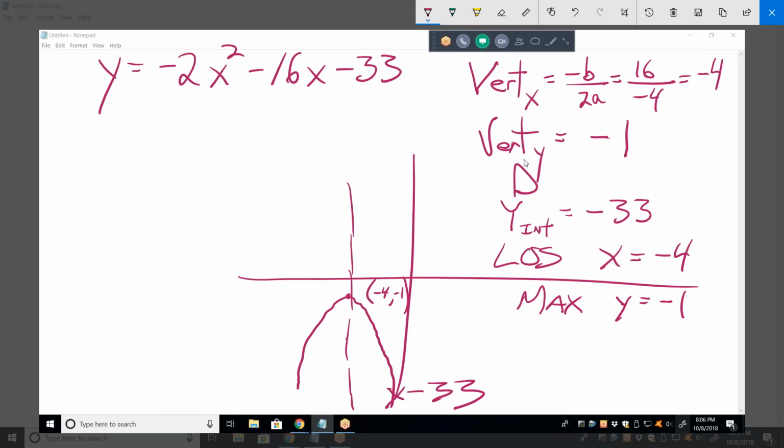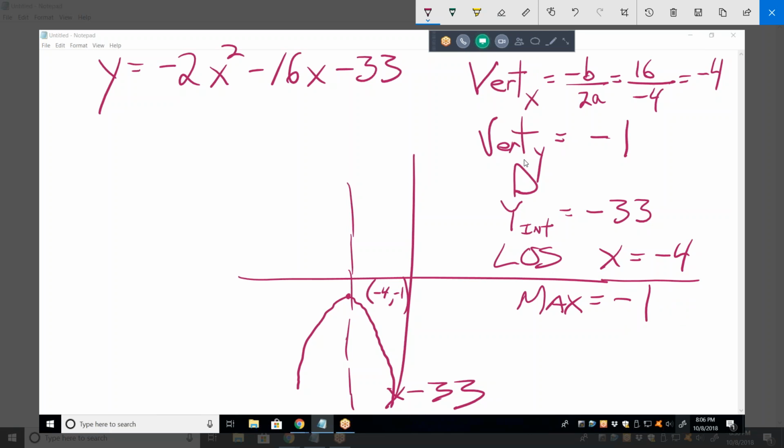I don't know that you necessarily need it like that. The way I've written it is the equation of a line, so that's not right. What they want is the point, and the maximum value is -1.